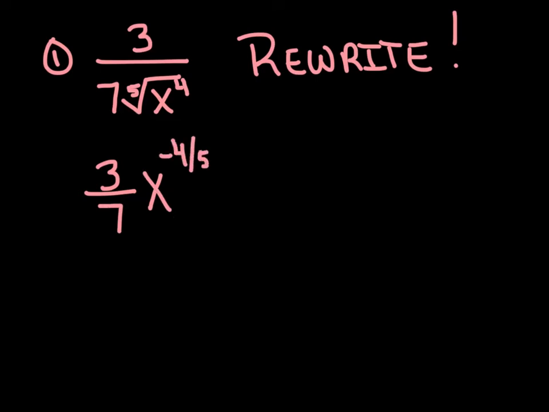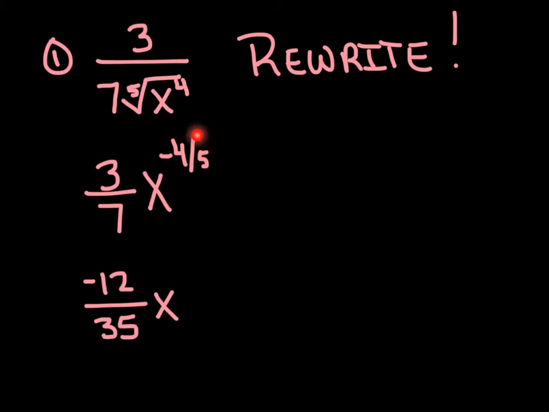At that moment, I haven't done one ounce of calculus, but now we're ready to apply the power rule. I'm going to take this exponent and multiply it by this coefficient, so it's just a matter of negative 4 times 3 and 5 times 7. Then the most important part is we've got to remember to subtract 1 from the exponent.